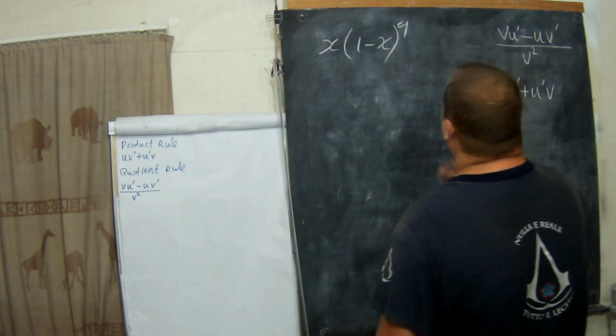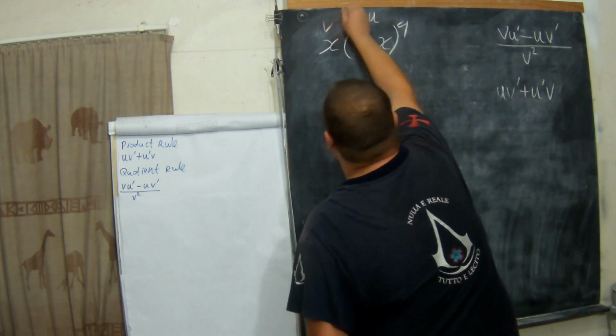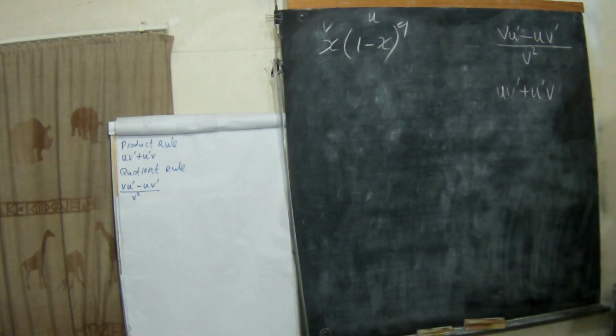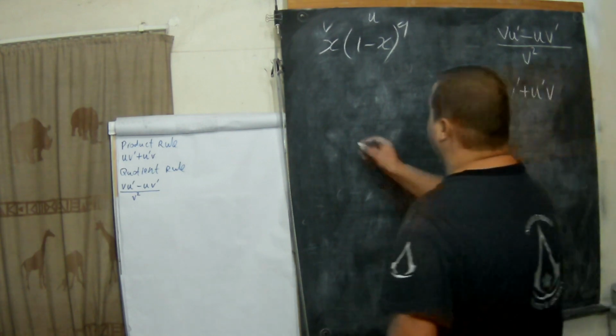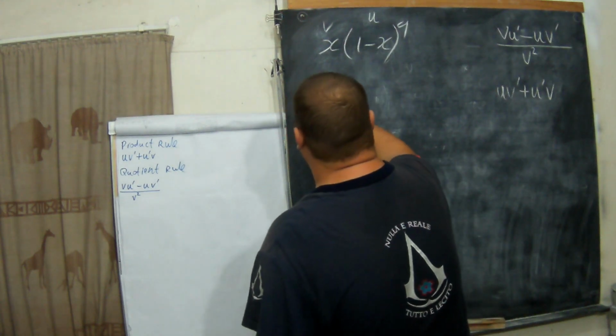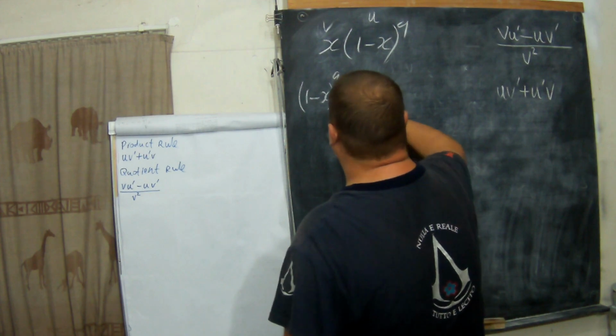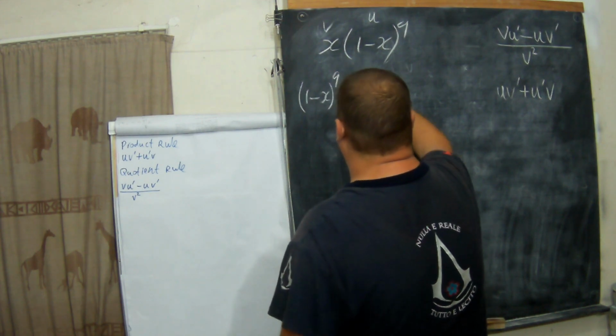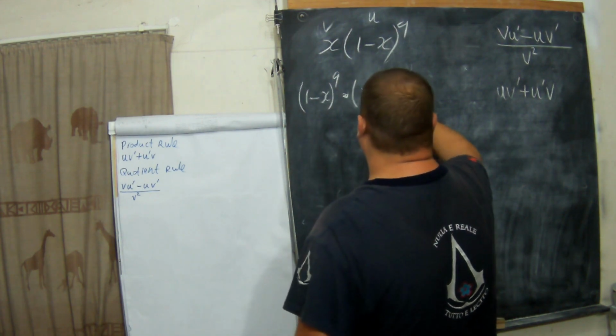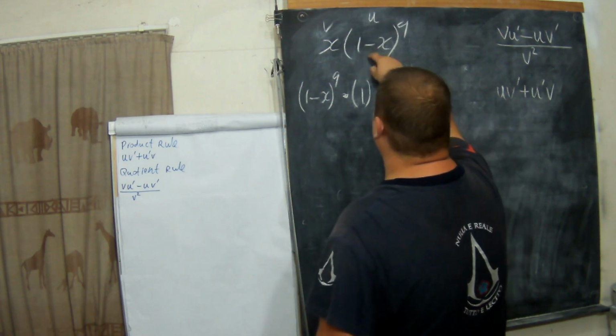Alright, that's going to be U and that's going to be V. Now, we're going to take (1 minus x) to the power 9 multiplied by the derivative of x, which is 1, plus the derivative of u.